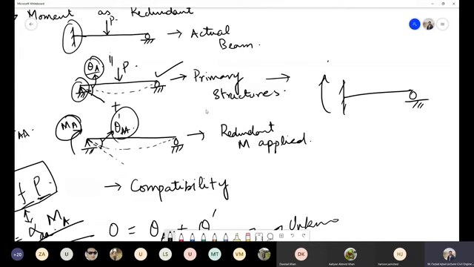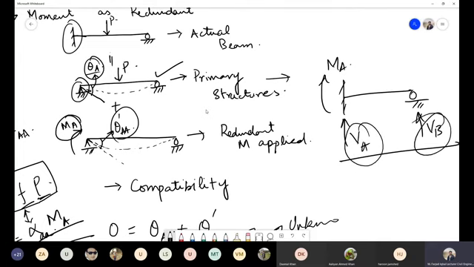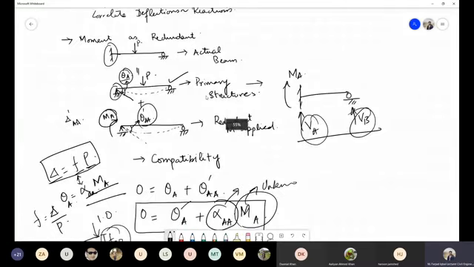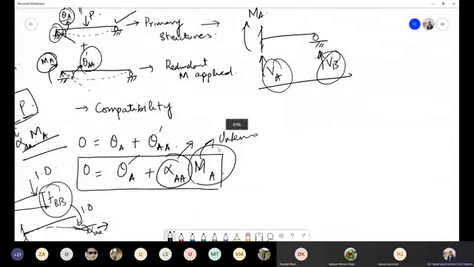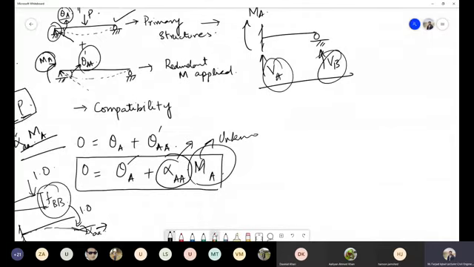You have this moment MA, and now this beam is determinate. We have this unknown, let's call it VA, and this unknown VB, and you will simply use the equations of equilibrium to find these two reactions. So this is how you write the compatibility equations for deflection or for rotation. Is there any question about this one?